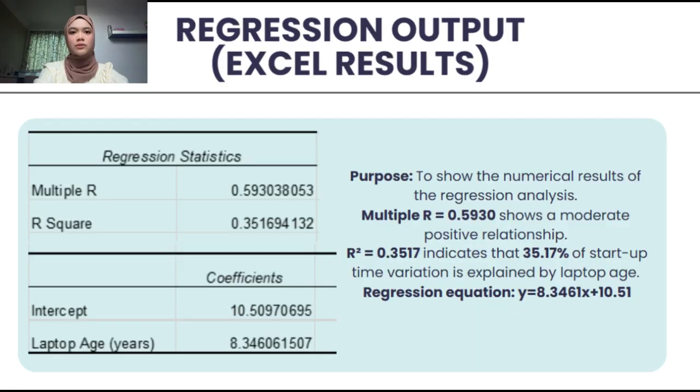From the regression results, the multiple R value is 0.593, which indicates a moderate positive relationship. The R-square value is 0.3517, meaning that about 35% of the variation in startup time is explained by laptop age. The regression equation is y equals 8.3461x.